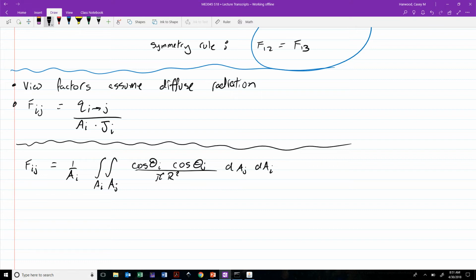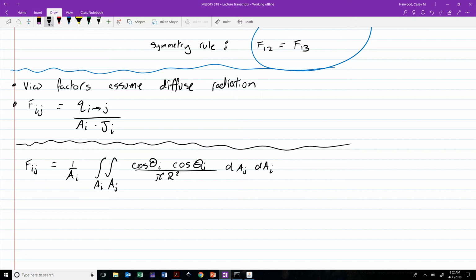Like I said, we're not going to evaluate this, but if you looked at this, you might notice that what's inside of the integral looks a lot like what showed up when we were figuring out the amount of radiation that left one surface and hit another one in the example we did in the middle of last week from 2 flat surfaces.